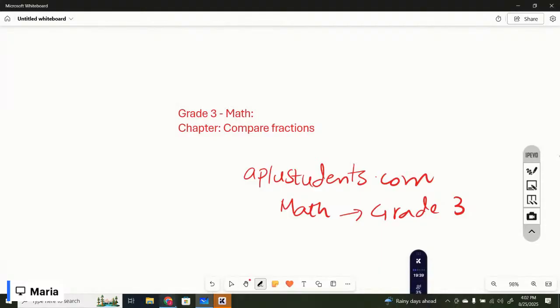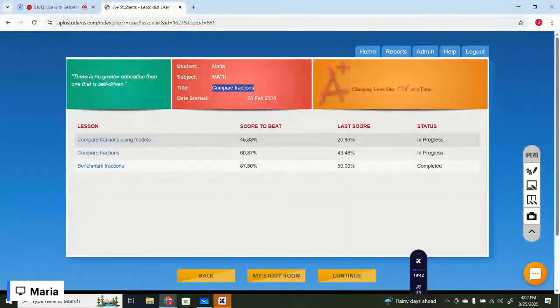Please make sure you have your notebook and pencil so that you can note down the important fractions. Let's start with the first lesson, which is compare fractions using models.